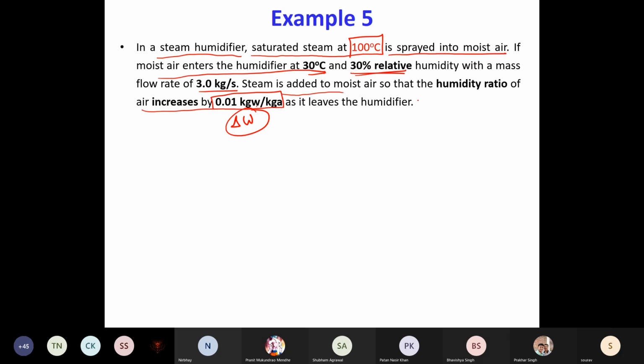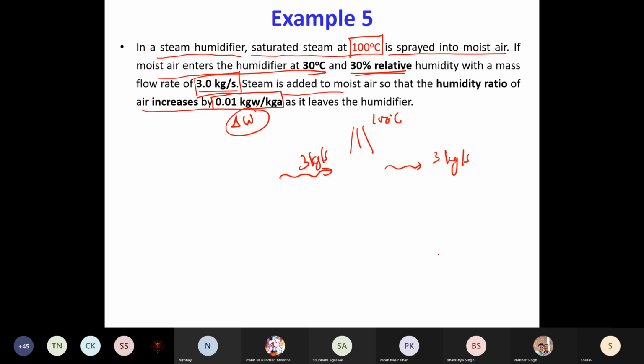We are spraying some saturated steam into this incoming air. The air flow rate is given to be 3 kg per second. So air comes in at 3 kg per second. It mixes with steam which is coming at 100 degrees C, saturated steam, and it leaves as moist air.